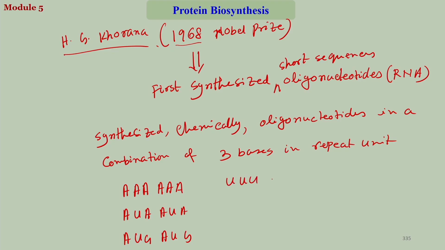I am just writing 2 repeat units, for example CUU, which can be arbitrary; any sequence you can fabricate, but it has to be the repeated unit CUU, and then CUG.